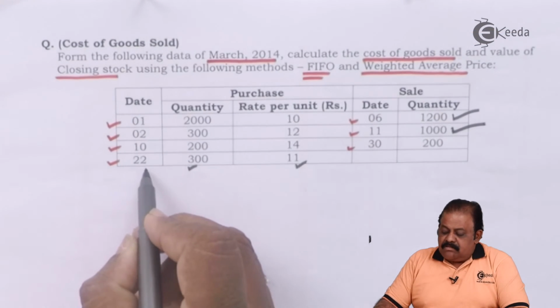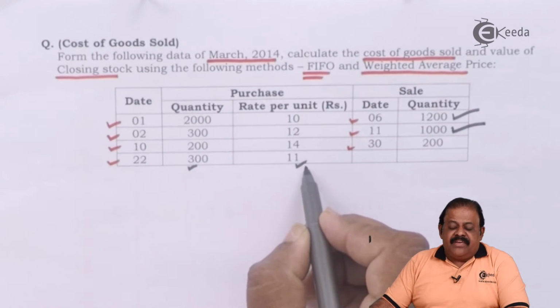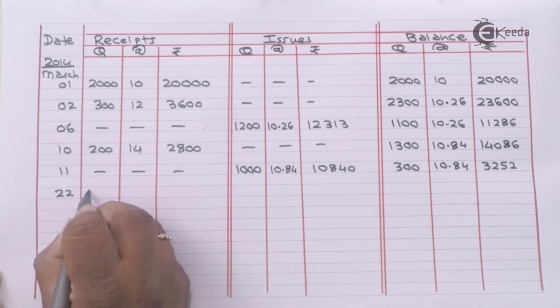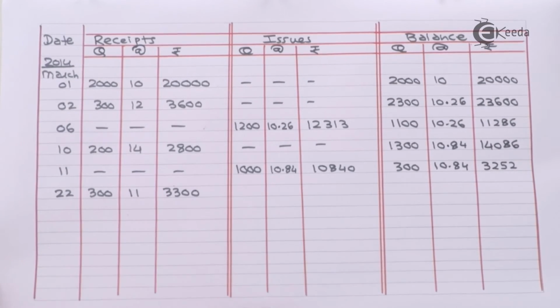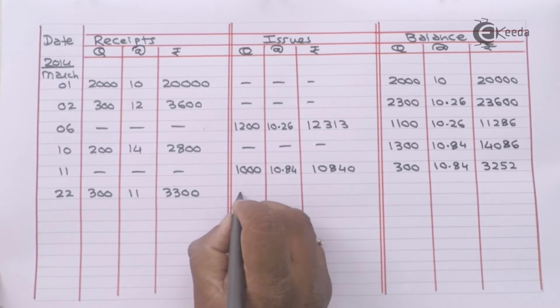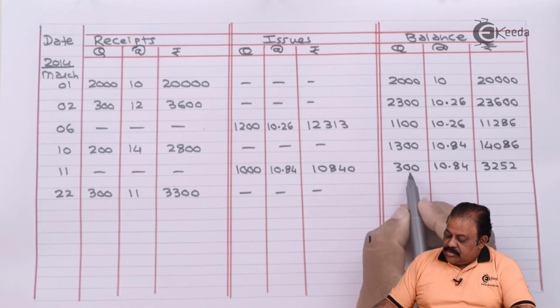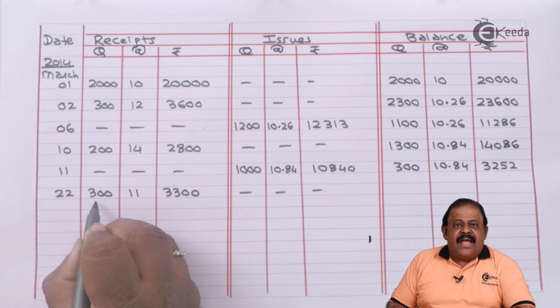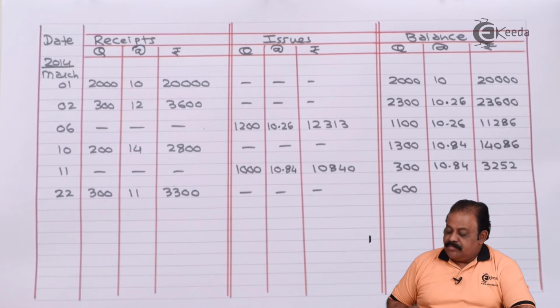On 22nd, there is purchase of 300 units at the rate of 11. So already we have stock of 300 units. To this 300 units will be added. It will become 600 units.